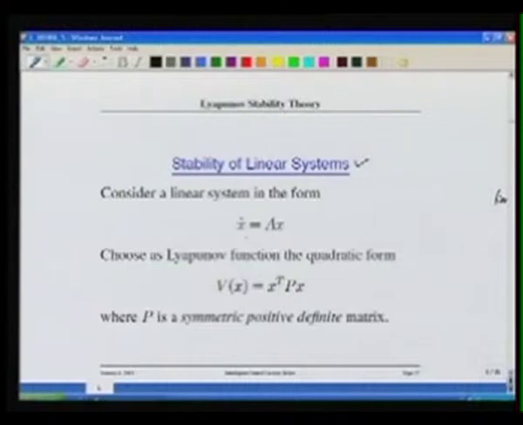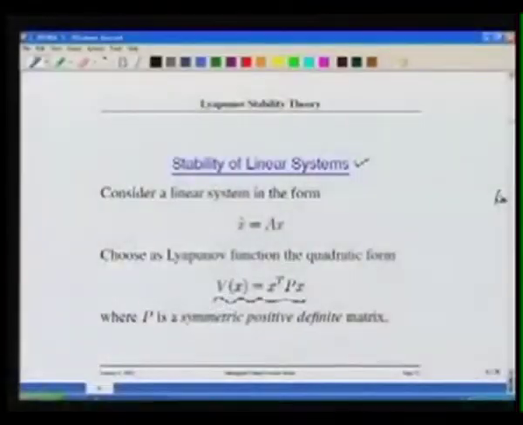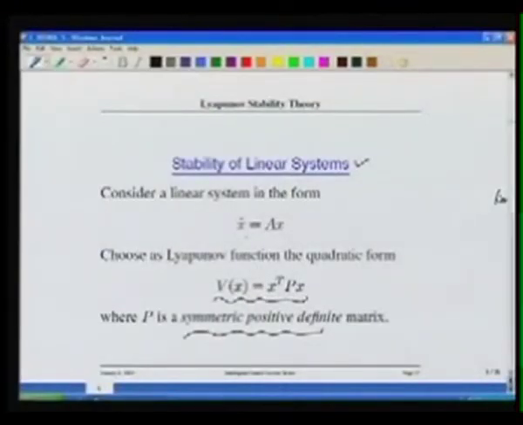It is very interesting to see that for x dot equal to A x, there is a very scientific method to say what exactly the Lyapunov function is, and it turns out that the Lyapunov function is V x equal to x transpose P x. It is a quadratic form Lyapunov function, and this is a valid Lyapunov function. One really need not ache one's head to find out what the Lyapunov function is for a linear system. It is very well defined, where P is symmetric positive definite. That is very important.